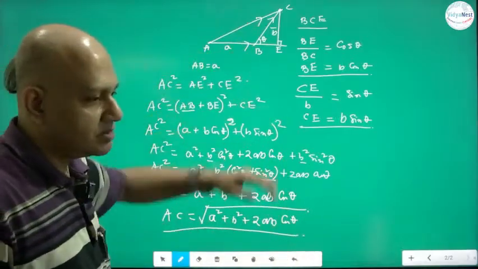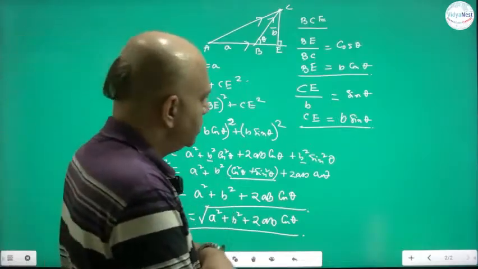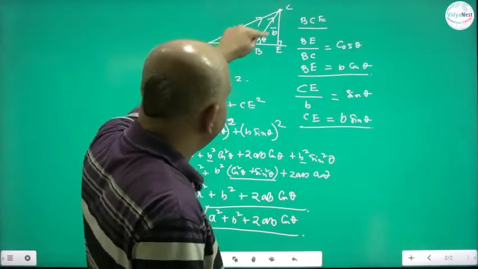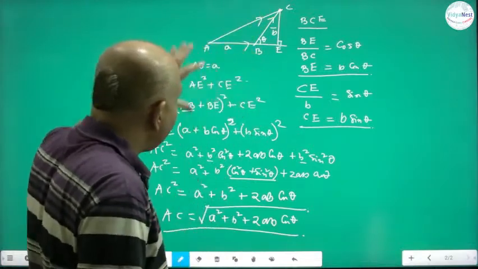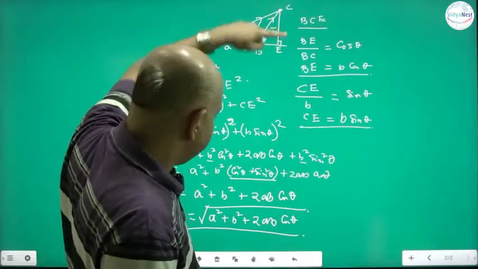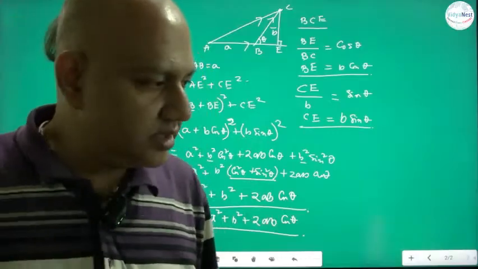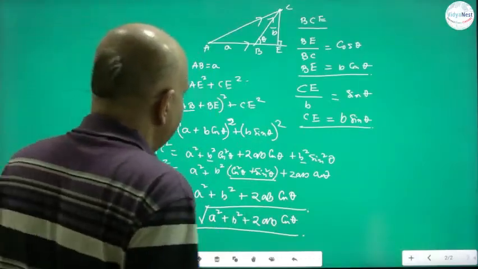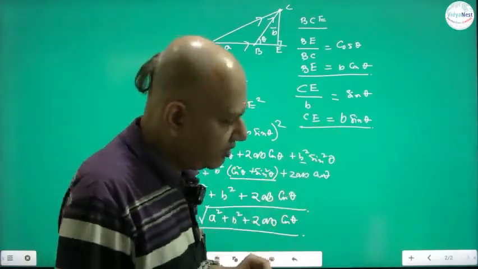Try to remember this formula. Two vectors are there, A and B, and this is the angle theta. Then the magnitude of the addition of these two vectors is equal to this formula. Just copy these things.